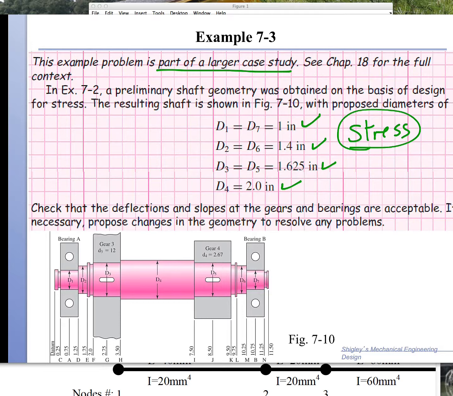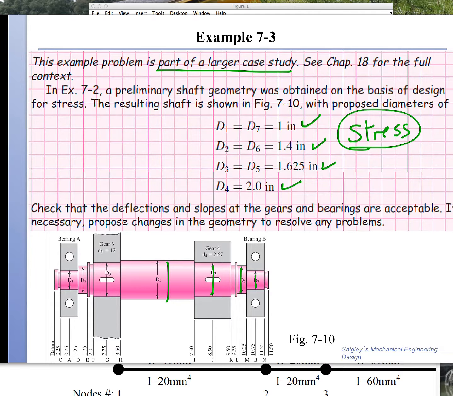So these are 4 diameters that we have defined to satisfy all the stress requirements with a factor of safety of 1.5. The question is, can we actually use this to verify the deflections?